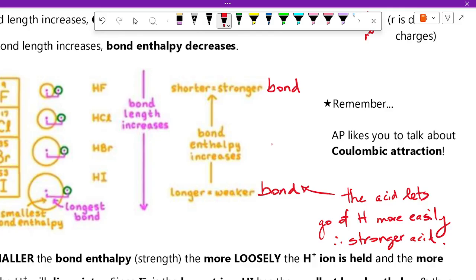You would think it would pull those electrons completely away from hydrogen, but it's not. Out of the 4, it's the only one that is actually a weak acid. That's because it has that short bond length, which makes the bond stronger, and its conjugate base is less stable. So between the two of those, that makes HF the weakest of the halide acids.